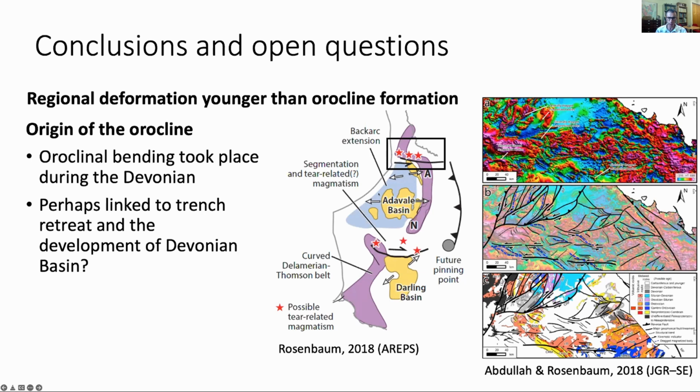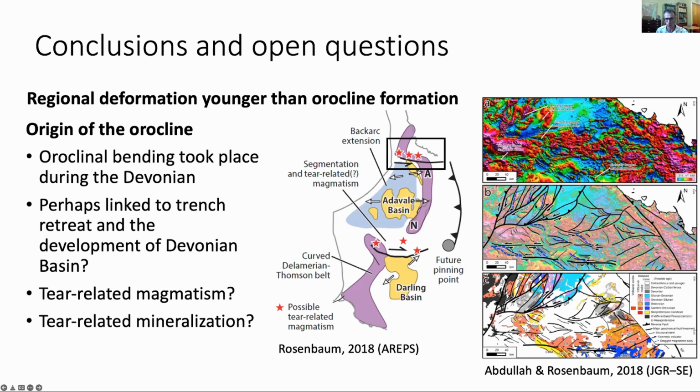One can further speculate that the Devonian magmatism in Charters Towers was partly linked to slab segmentation and tearing, possibly explaining the east-west structures in Charters Towers, and possibly even linked to the gold mineralization in Charters Towers.